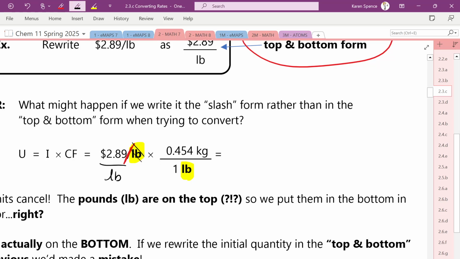And even if you did think they canceled out, let's just pretend we thought they canceled out. Pounds cancel with pounds. Okay, that's wrong, but let's pretend that we thought that. You would still end up with dollar kilograms. And what the heck is a dollar kilogram? There's no such thing.